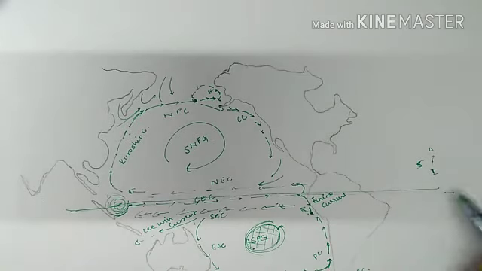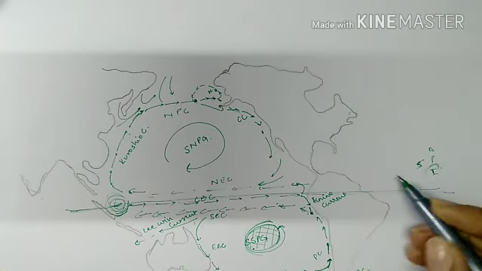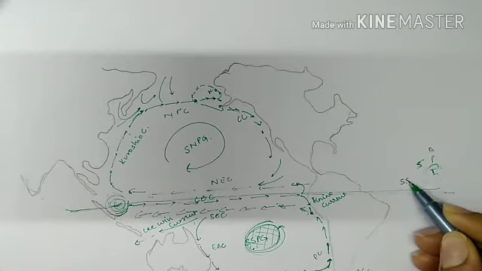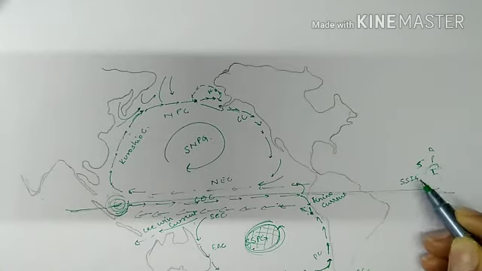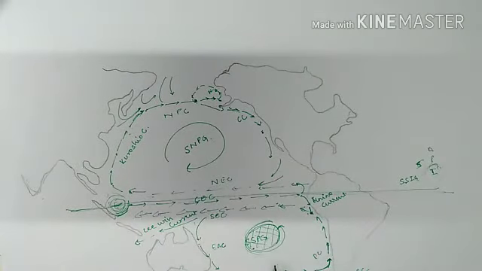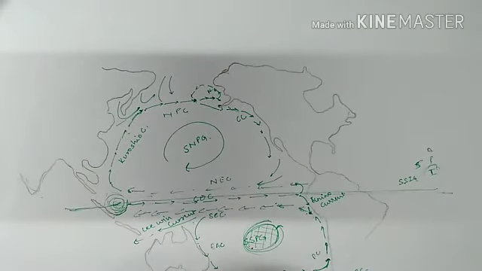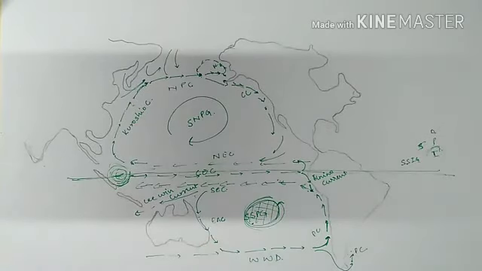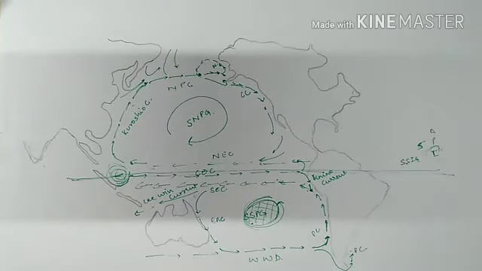So we have only one gyre, that is the subtropical South Indian Ocean gyre. So this was all about the currents of the Pacific Ocean, and with this we complete our oceanic currents of the Pacific Ocean. Now we will look into the impacts of oceanic currents.